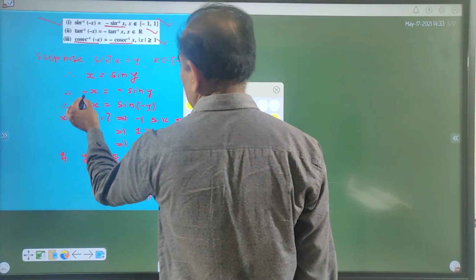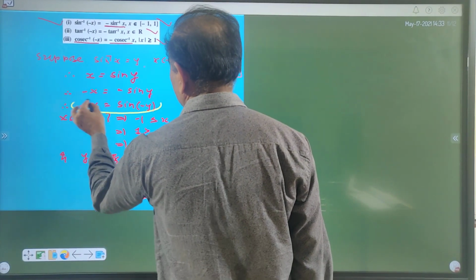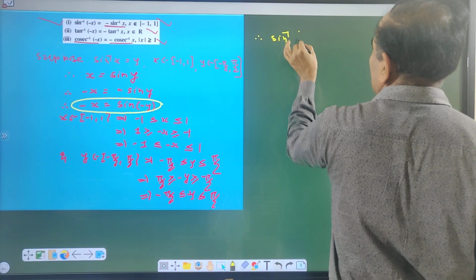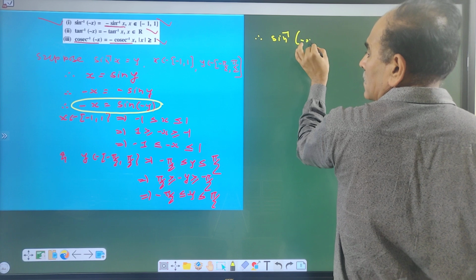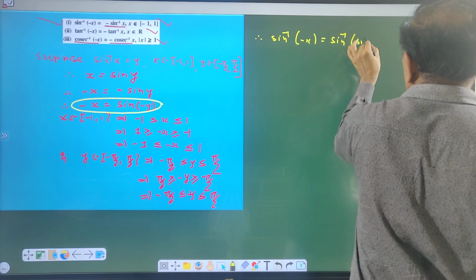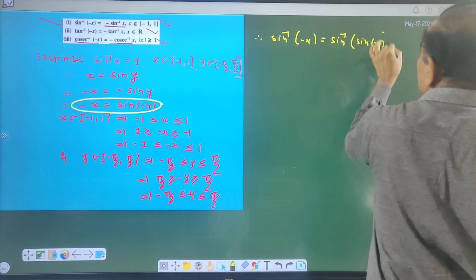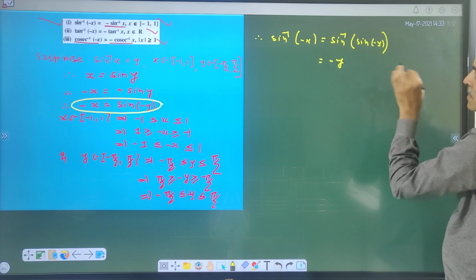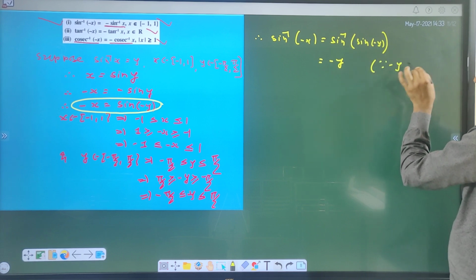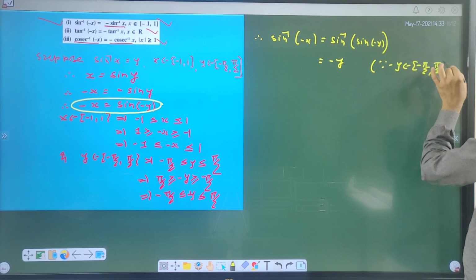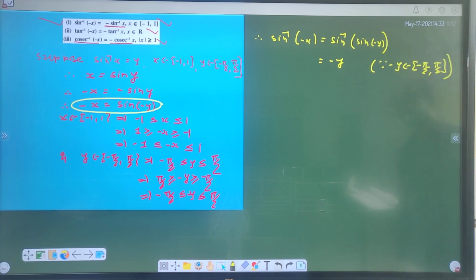Take sine inverse on both sides. Therefore sine inverse of minus x is equal to sine inverse of sine of minus y, and that is equal to minus y, because minus y belongs to the interval from minus pi by 2 to pi by 2.